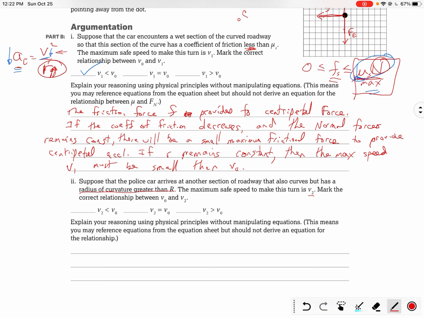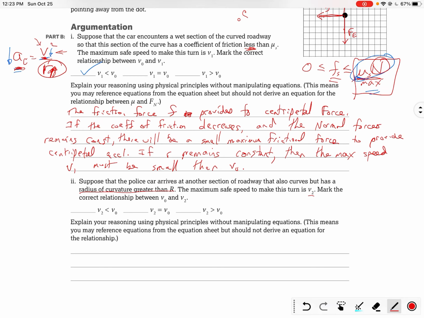If the radius is going up, the acceleration is going down. So to get back to the same acceleration, we can speed up. We're allowed to speed up to get back to that same maximum acceleration.